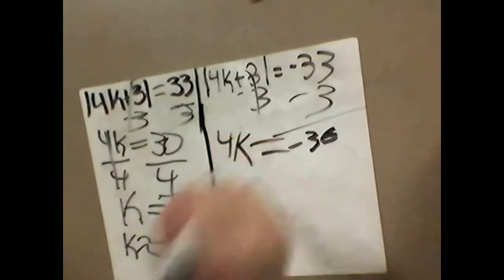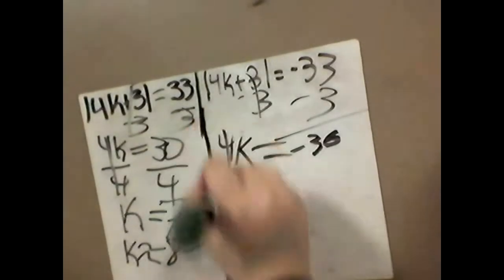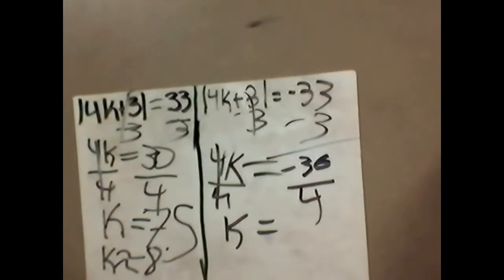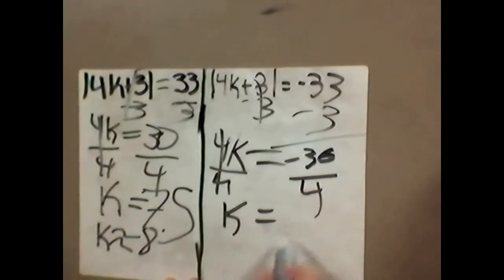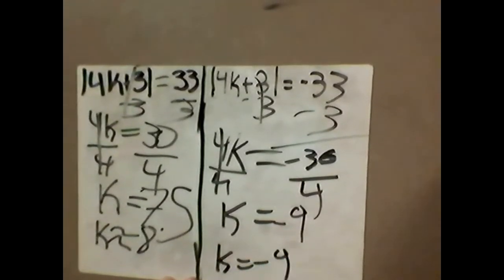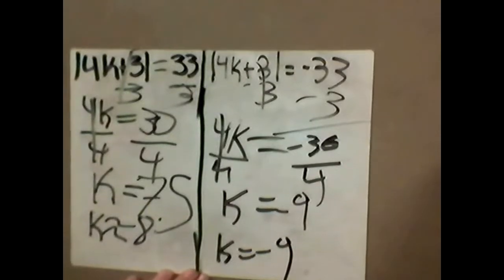Then that equals negative 9, so k equals negative 9. That's your second answer.